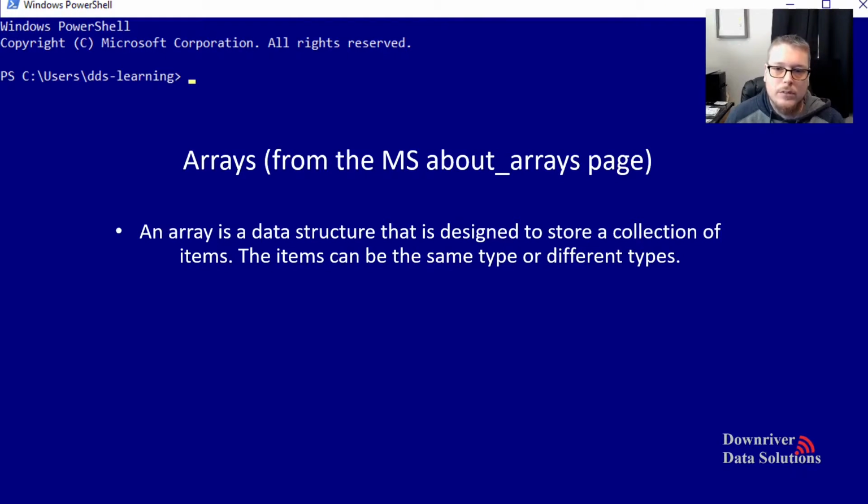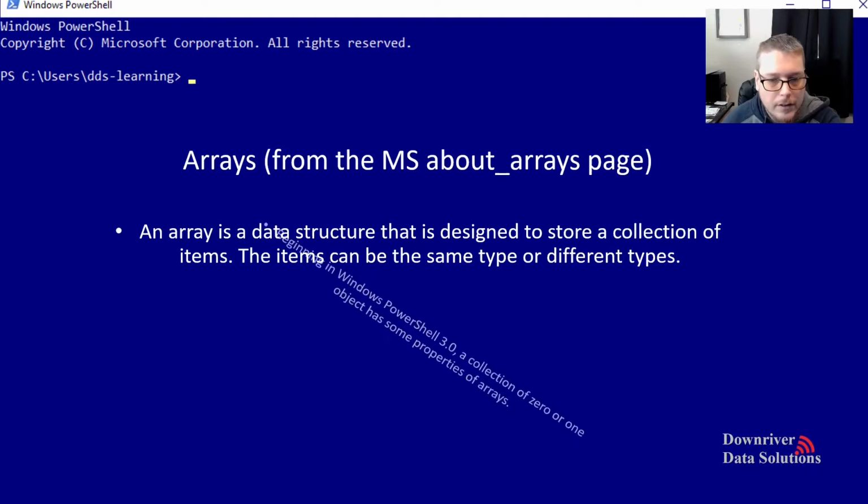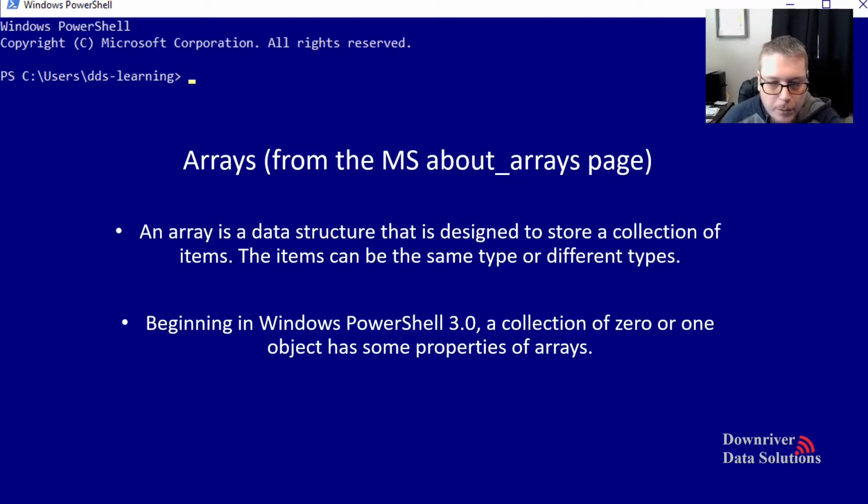Really, there's no limit to the type; if it's in PowerShell, it can be in an array. Beginning in PowerShell 3.0, a collection of 0 or 1 object has some properties of arrays. We can get a count, we can get length, and do some push and pop methods that we can do with arrays in other languages.